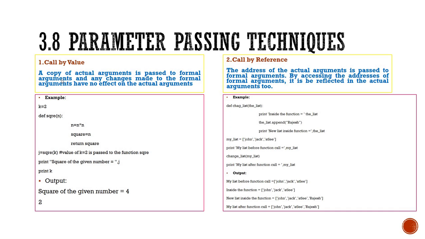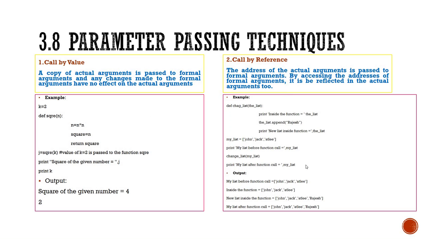So the main difference is any changes made during the function execution will not affect the actual value, whereas in call by reference, if any change is made by the function execution, it is reflected in the actual arguments also. So this is an example for function using call by value.